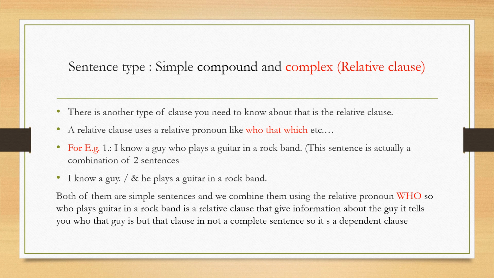Who plays a guitar in a rock band is a relative clause that gives information about the guy. But still, it is not a complete sentence, so it is a dependent clause.